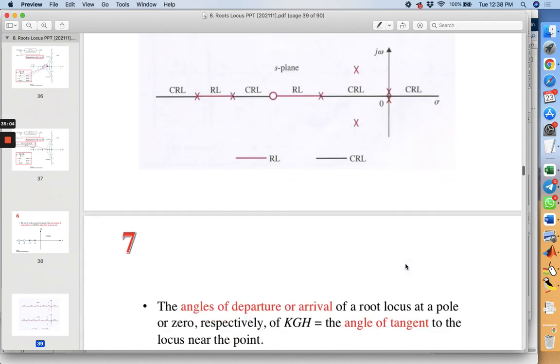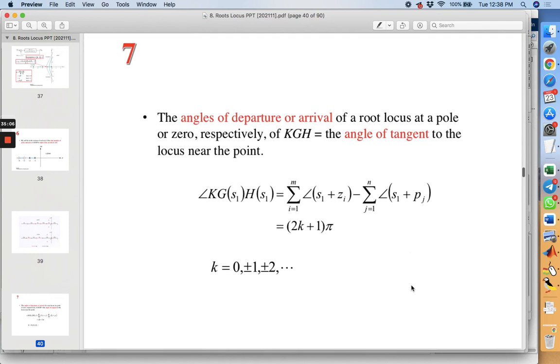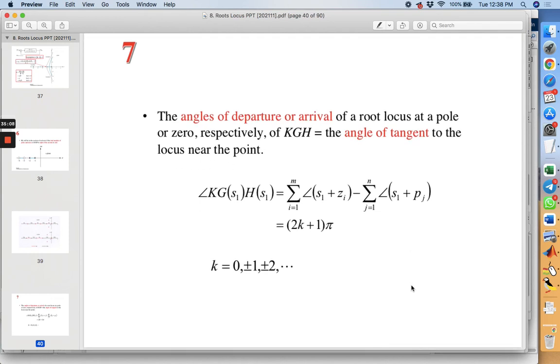Alright, next. Property number 7: the angle of departure or the angle of arrival of a root locus at a pole or zero respectively of KGH equals the angle of tangent to the locus near the point.